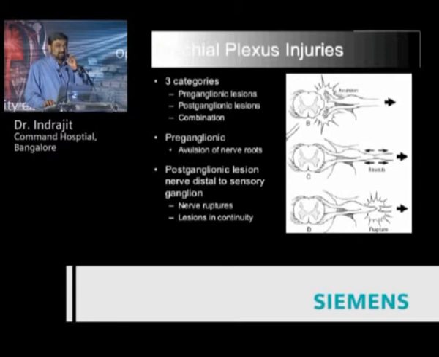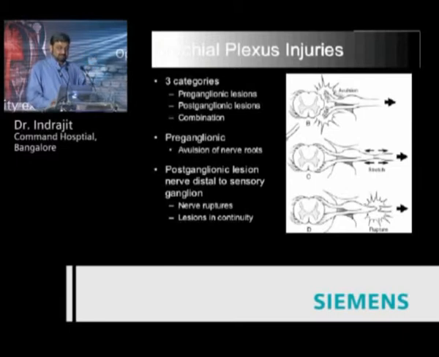Brachial plexus injuries are also, besides upper and lower, characterized in categories of preganglionic and postganglionic lesions. Preganglionic is in relation to the dorsal root ganglion. The dorsal root ganglion is out here, and anything before that, as it starts from the cord, is called preganglionic, and at the root, the term avulsion is used.